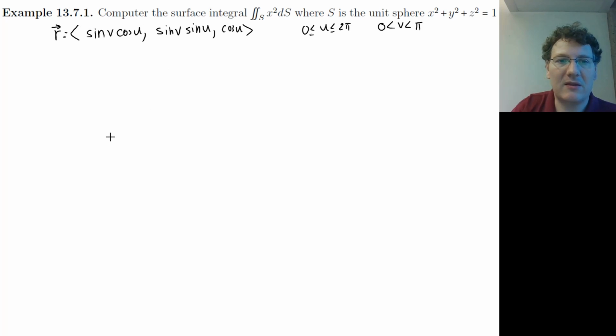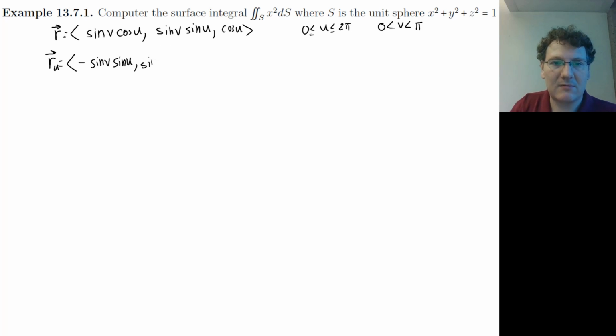So when I calculate r sub u, this is going to be negative sine v sine u, then sine v cosine u, and then 0.